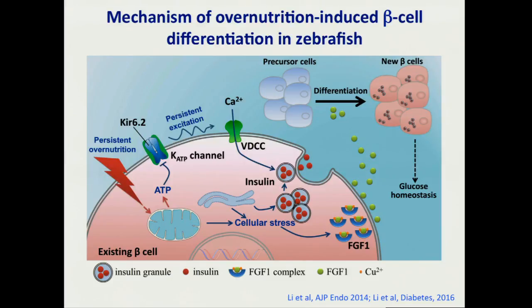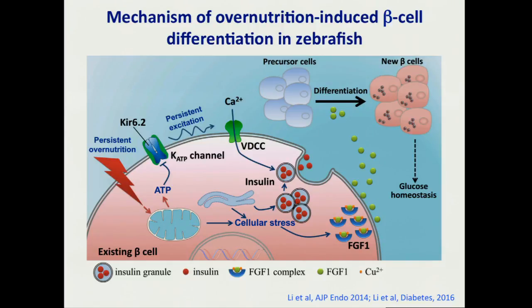When you eat, this stimulation lasts only about 30 minutes. But if you stimulate for 8 hours, that somehow induces ER stress, and maybe even oxidative stress. We have evidence for ER stress, and we are still working on other mechanisms. Those stresses induce non-conventional secretion of FGF1, which then stimulates the differentiation of beta cells.